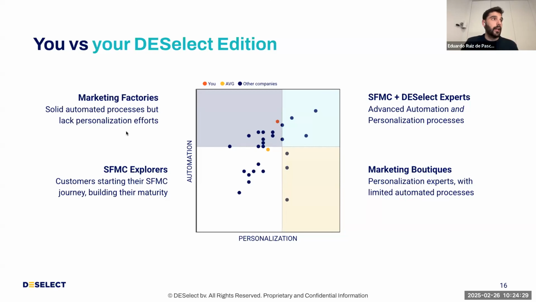Here, the interesting bit is, imagine you're this red dot again. If you want to move toward personalization, you can see here we have 4 or 5 customers that are already experts with your same edition, maybe with your same seniority, maybe in your same industry. So what we are going to do is try to share some lessons that we've learned from those customers, and try to understand where you should focus your efforts if you want to move the needle toward that.